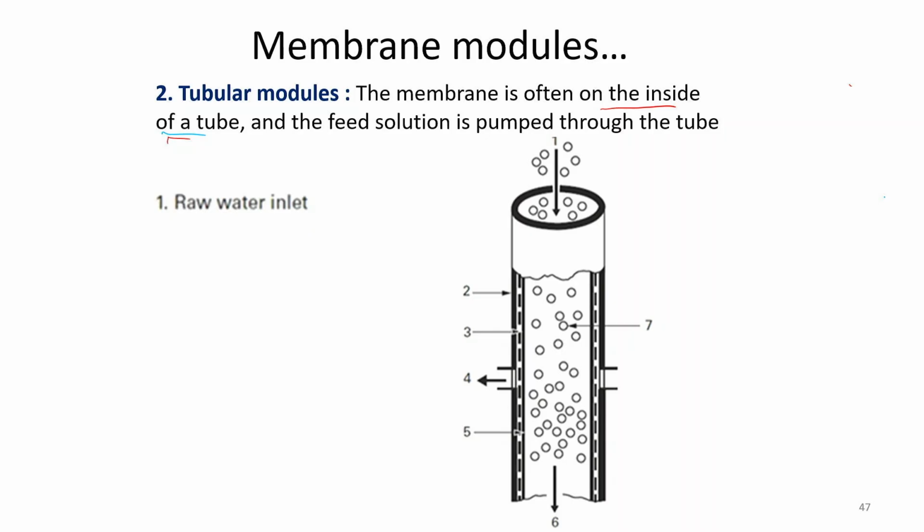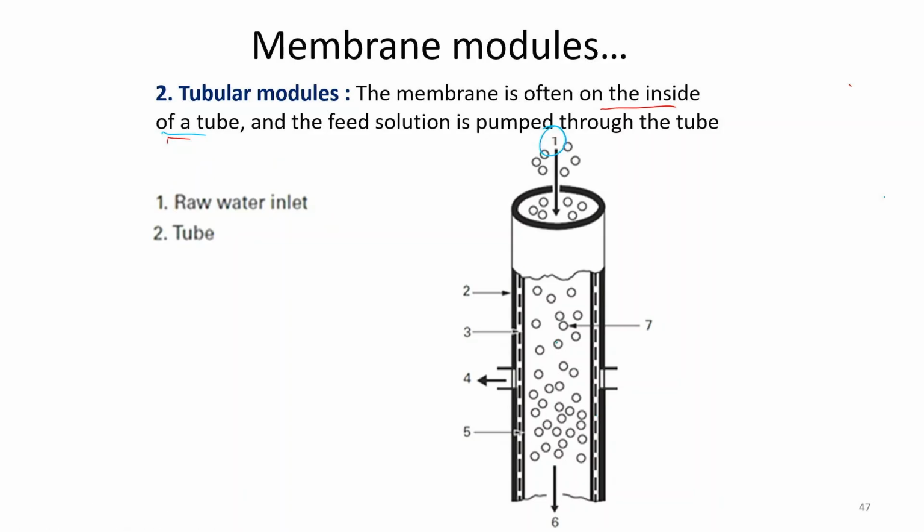So, the raw water inlet, here it is a raw water inlet, water with all the contaminants enters, and here you can see that the membrane is kept inside the frame. One is the raw water inlet here, the next is the tube.